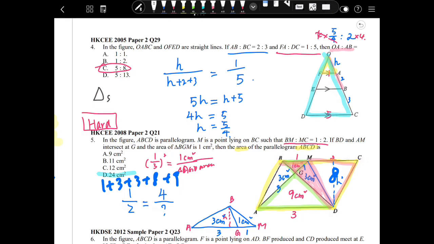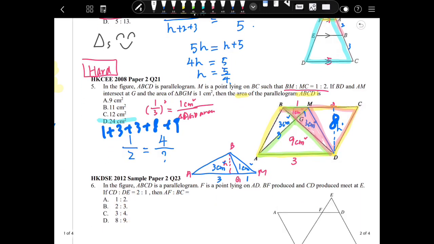Number 4 is also a similar triangle problem, putting the smiley face for the corresponding sides as well. Number 5 is a mixed type. We have a same base, same height problem, but also a similar triangle. So two types in total, like type 1 and type 2 mixed.